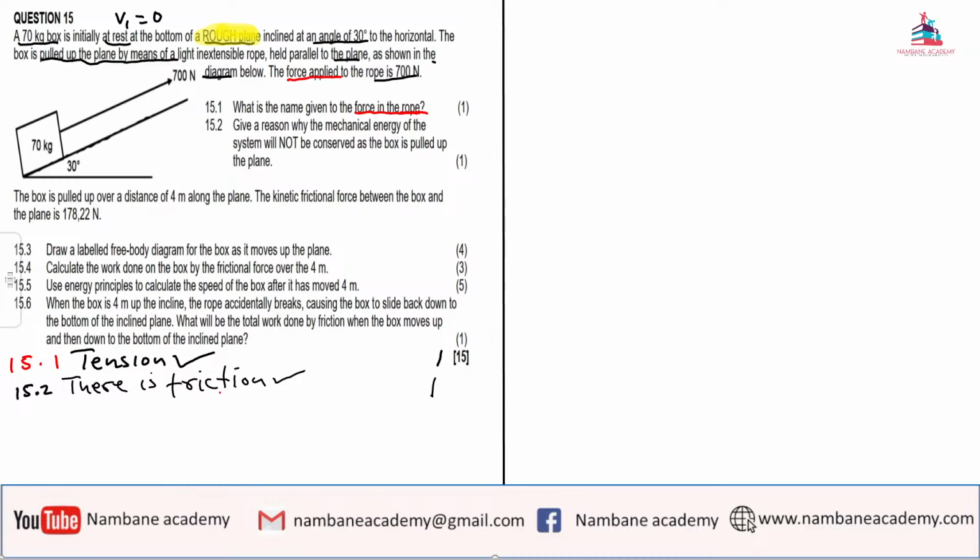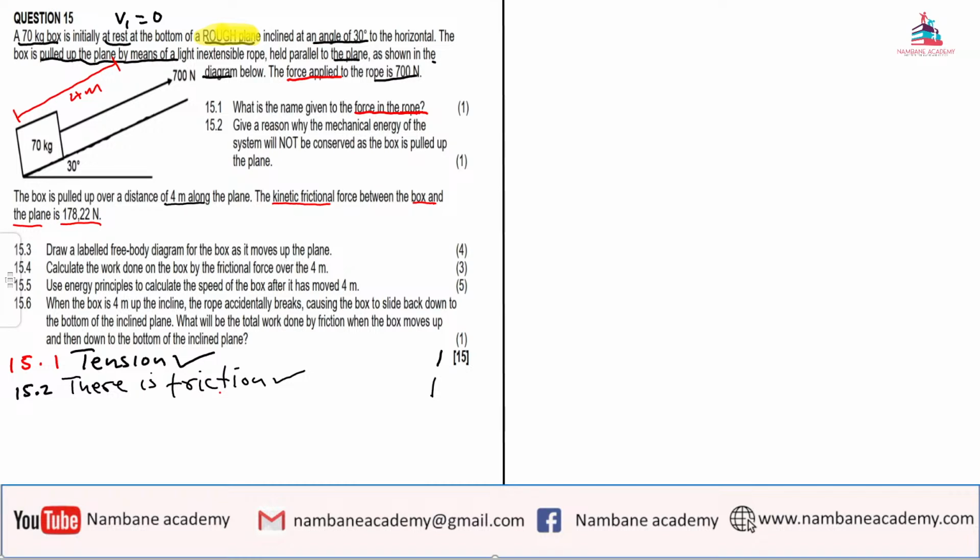The box is pulled over a distance of 4 meters. So we are told that we have a distance somewhere here of 4 meters. The kinetic frictional force between the box and the plane is 178,2 newtons.